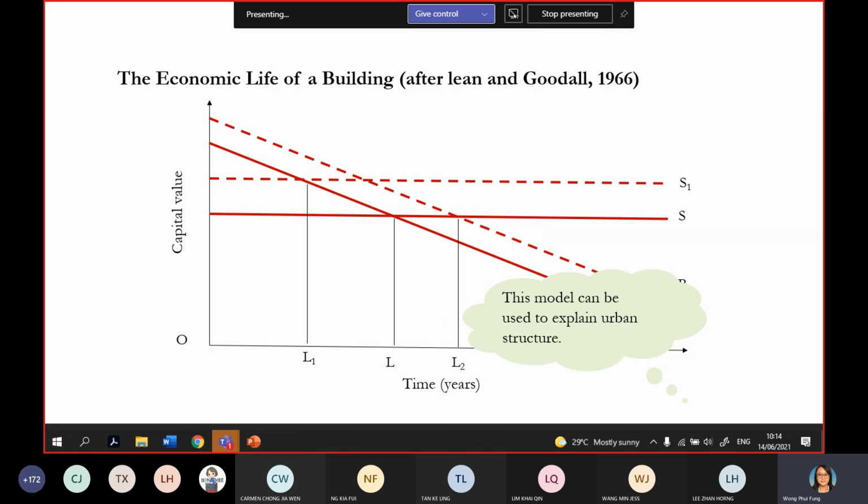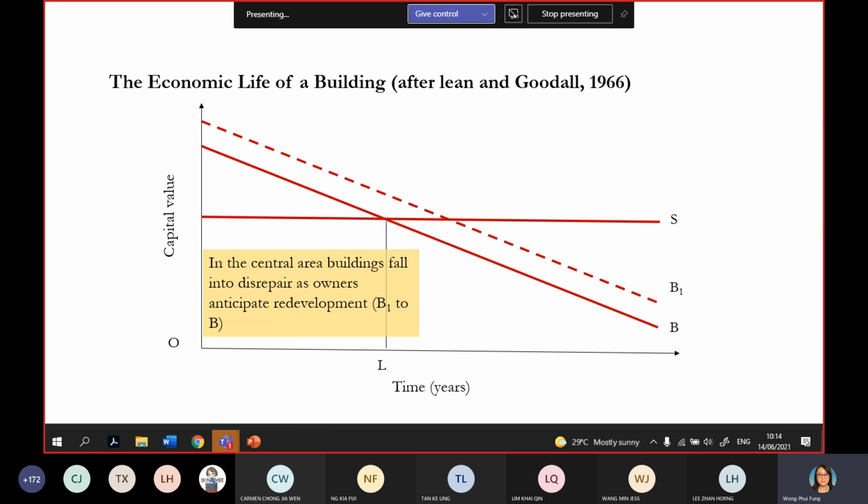And this model, this relationship S1, B1, can be used to explain urban structure. So urban structure means that we can use this graph to illustrate the relationship in different locations. First location that we are going to investigate is city center.